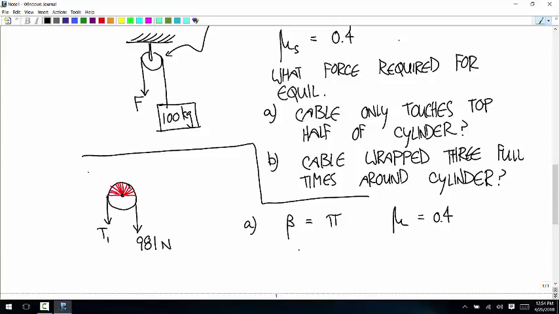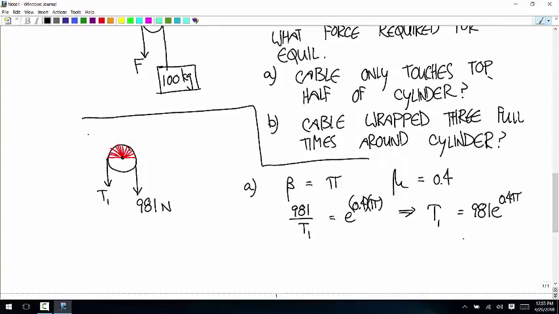And so 981 over T1 is equal to e to the power of 0.4 times pi. And so T1 is equal to 981 times e to the power of negative 0.4 pi.